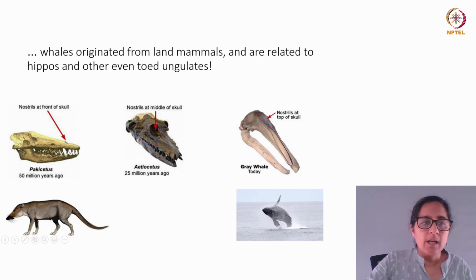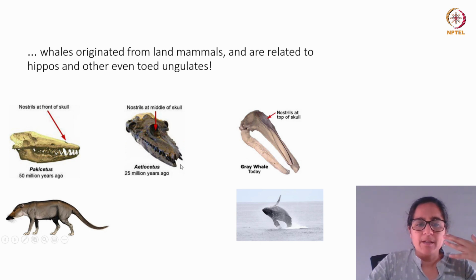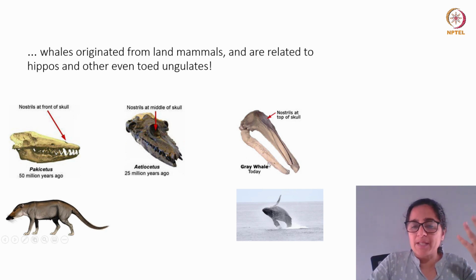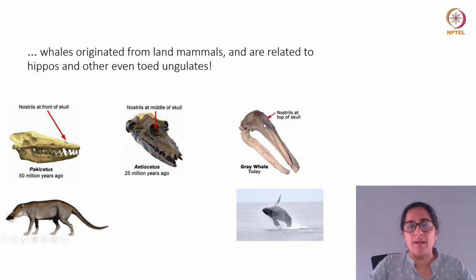So here in its skull bone, you can see that the nostrils are at the front of the skull. Whereas in this fossil, which is 25 million years old, the nostrils have moved to the middle of the skull. And here today, in the present day grey whales, you can see the nostrils have moved further up to the top of the skull.